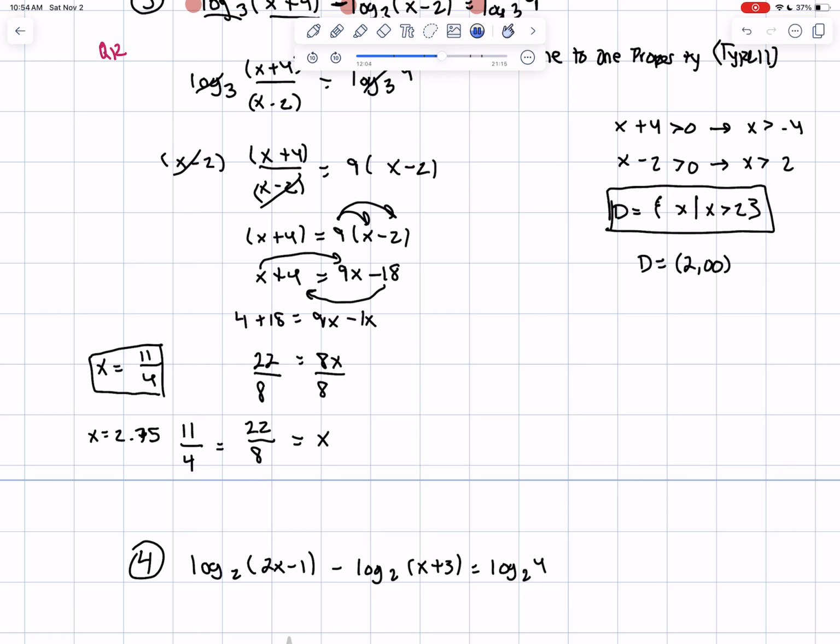I added a little bit something different in the 2x minus 1, but try it, see if you can do it, and then see what you get, and we'll do it together. And then find your domain.